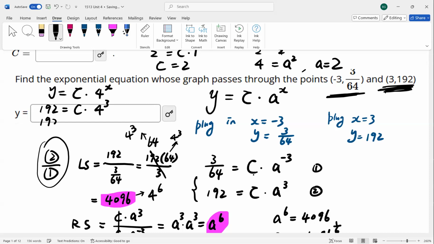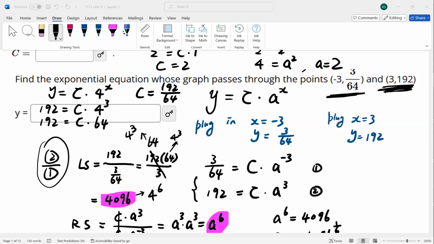So we have 192 equals c times 4 to the power 3. 4 cubed is 64. And c here would be equal to 192 over 64, which is 3.